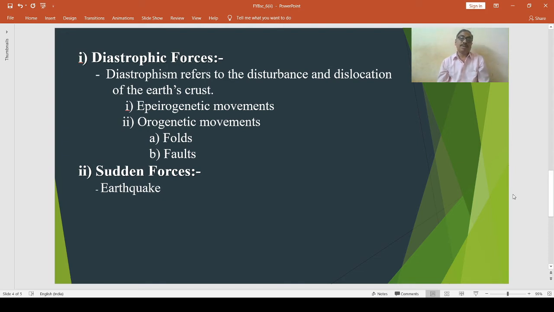Symmetrical folds: when compression force is uniform from both sides, symmetrical folds are formed. Such folds have symmetrical limbs. Then asymmetrical folds: when the compressional forces acting on the same point are of uneven intensity, the limbs of the folds are asymmetrical.